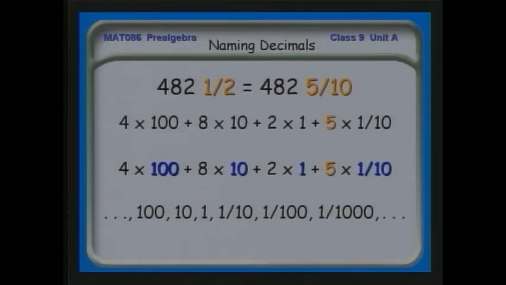Numbers greater than 1 go 10, 100, and so forth. Numbers less than 1 go by fractions of powers of 10. 1/10th, 1/100th, 1/1000th. And that's a way that we use to fit numbers that are less than 1 into our decimal system.